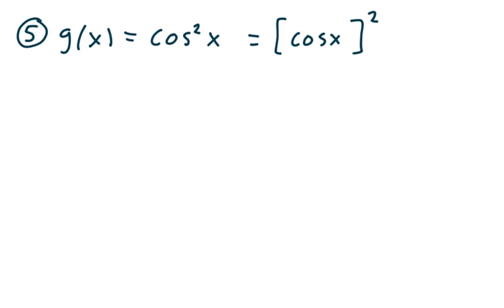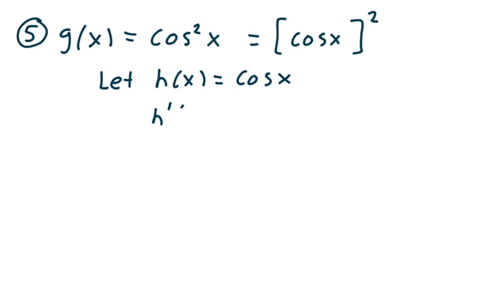Since g is already taken, my inside function happens to be cosine x. So I'm going to let h of x equal cosine x.